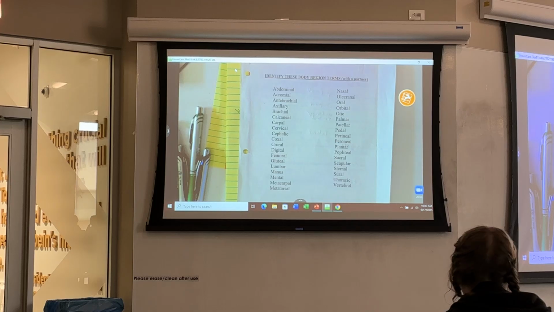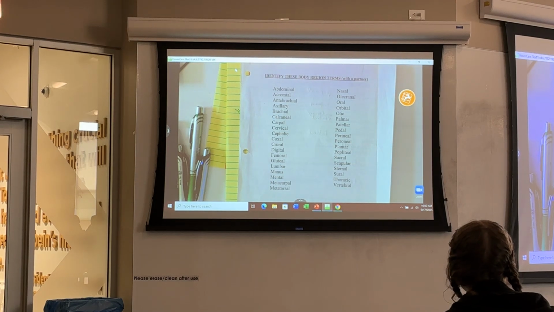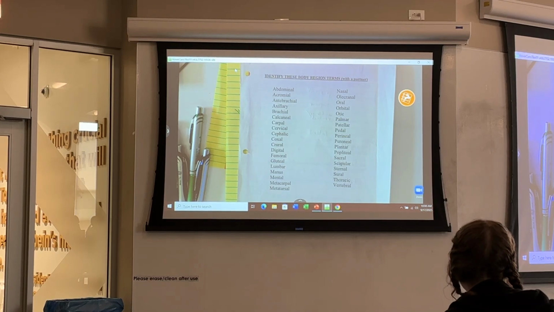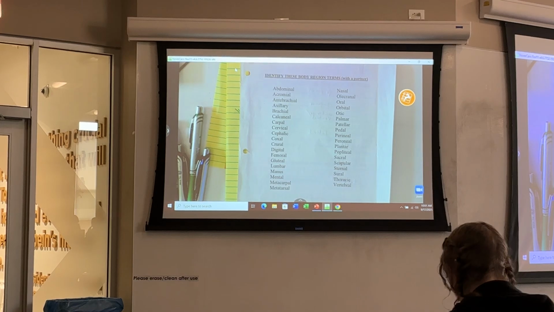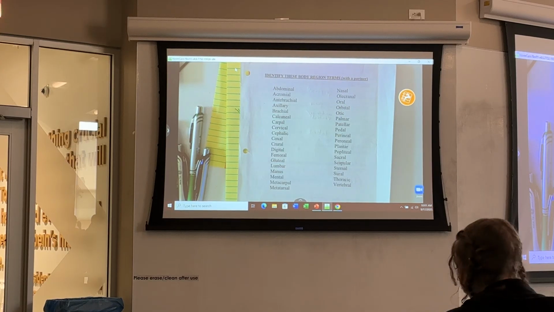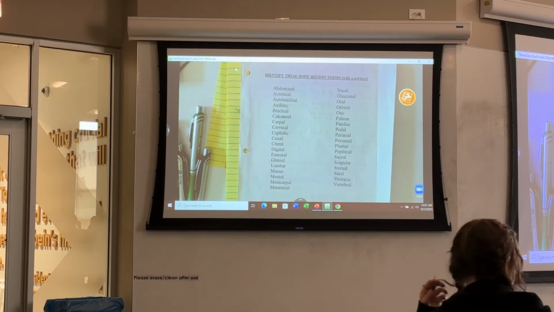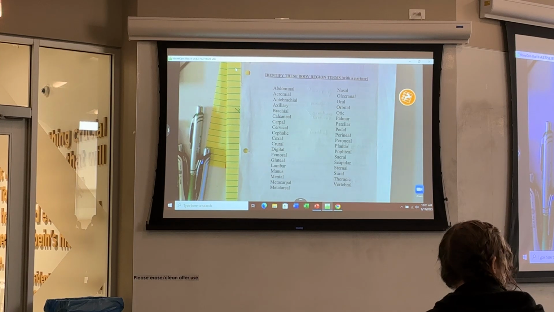Femoral is your thigh. This is your butt.